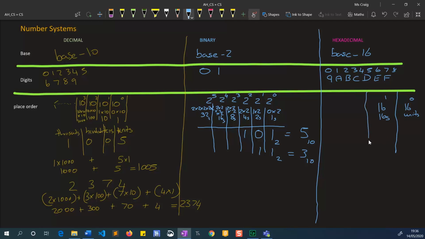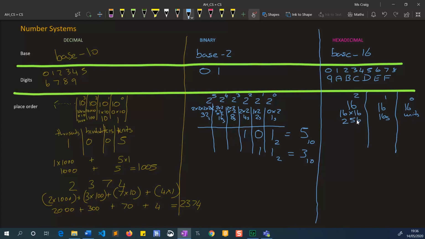The next column is 16 to the power 2, which is the same as 16 times 16. And if you look that up in your calculator, you'll find out that that's 256.